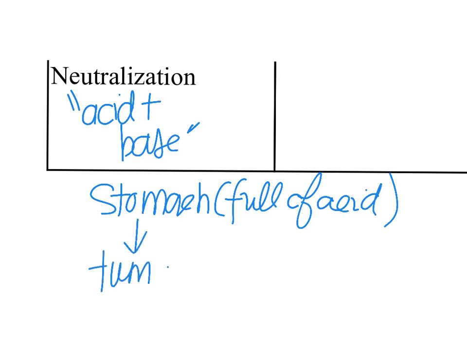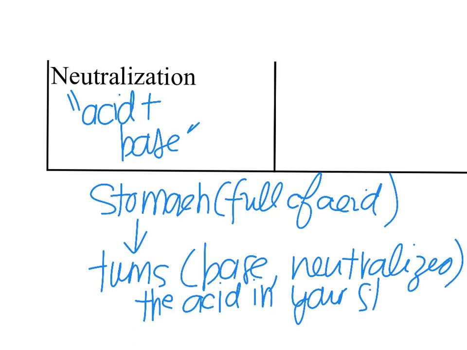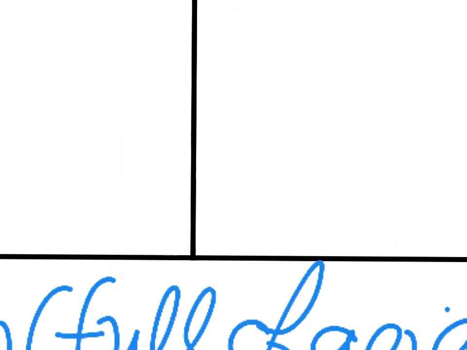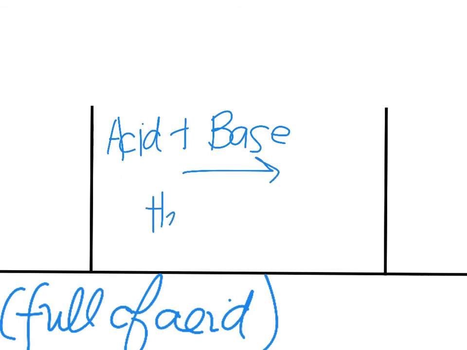Usually you could take Tums, and that's a base as it neutralizes, so it calms down the acid in your stomach. Which means, what does the general formula look like? Acid plus base makes H2O and salt.